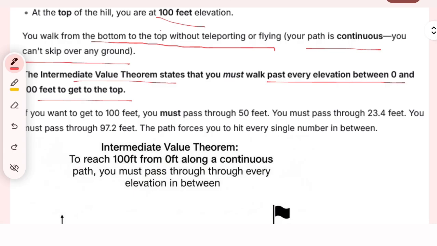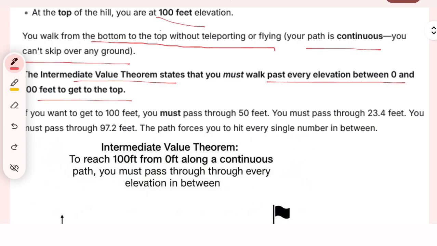Now, the IVT would assume that there is something in the middle that you have walked over. You must have passed the 50 feet elevation, right? You must have passed through the 23.4 feet, right?